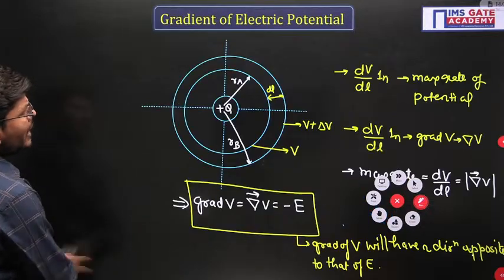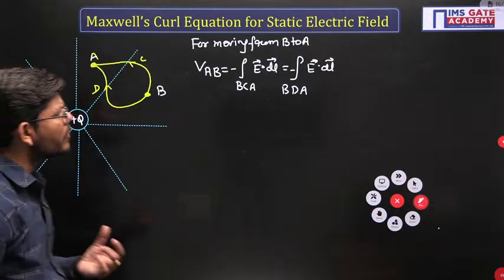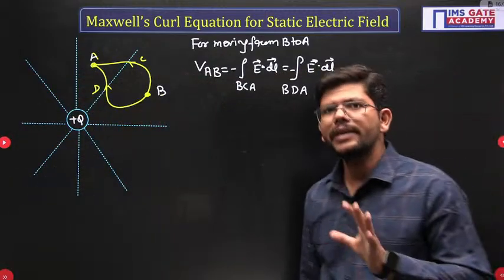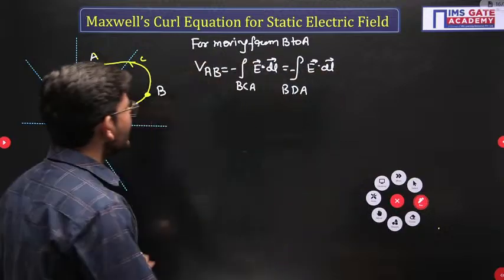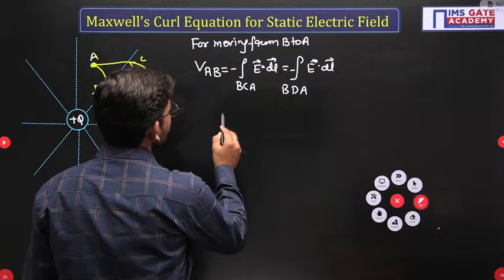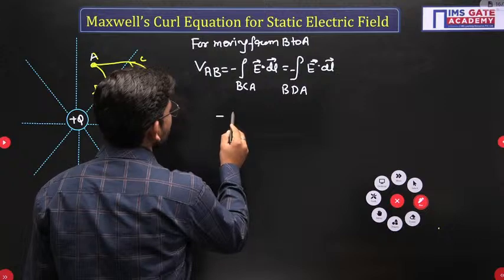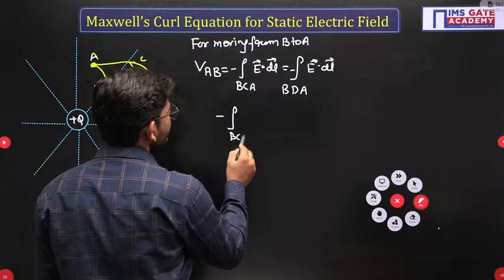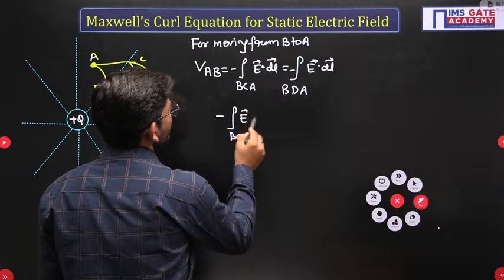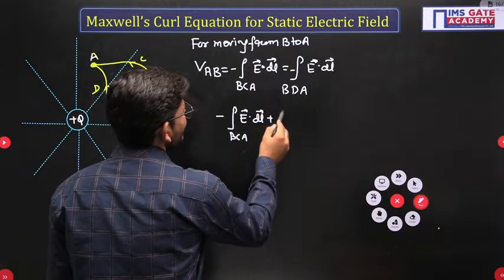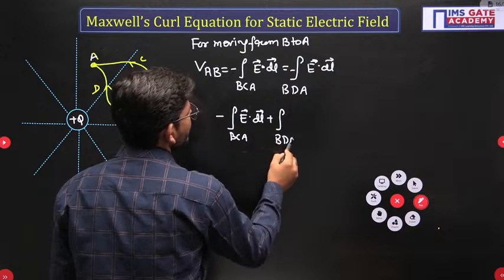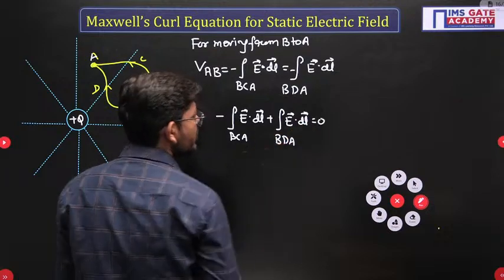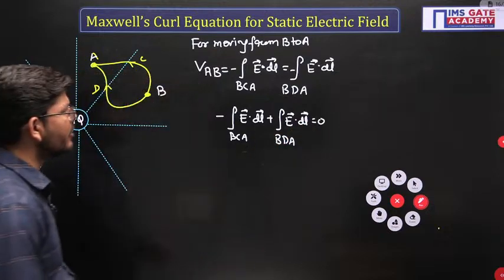So on that basis we can write that if you are following the BCA path or the BDA path, both the work done will be the same, isn't it? And if you can write this, then just see, you can write this equation in this way: minus integral BCA E dot dl plus integral BDA E dot dl will be equal to 0, just forming an algebraic equation.